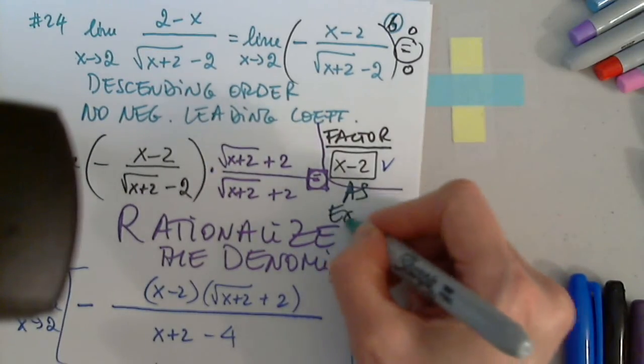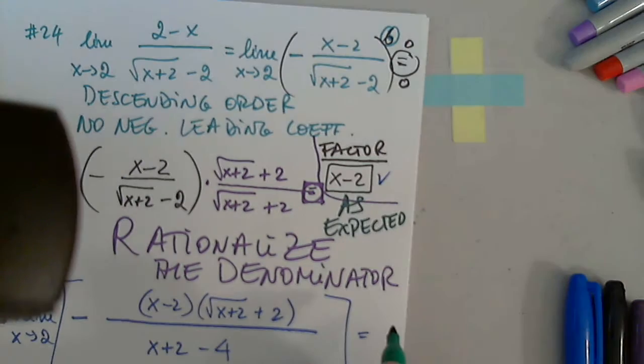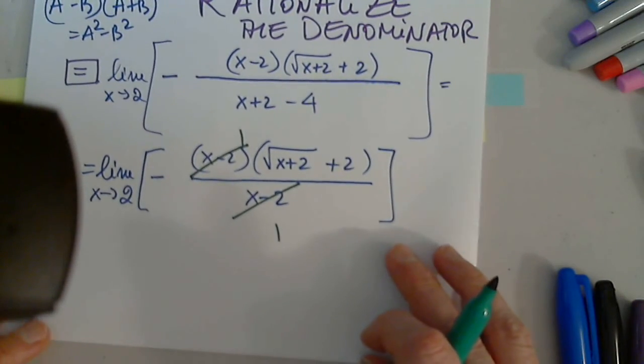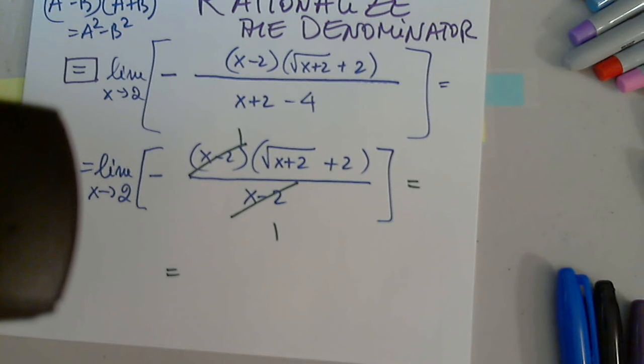As expected. We knew this 10 minutes ago. Okay. So now can anyone give us the answer? Javon? Square root of x plus 2 plus 2.